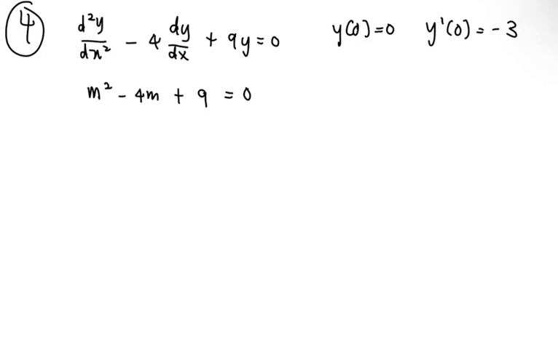By using a calculator, substitute minus 4 and 9. So we have m equal to 2 plus minus root 5 i. So in this case we have complex roots.